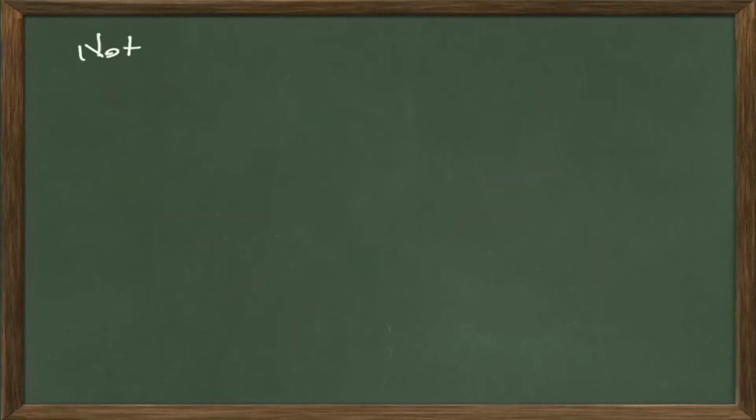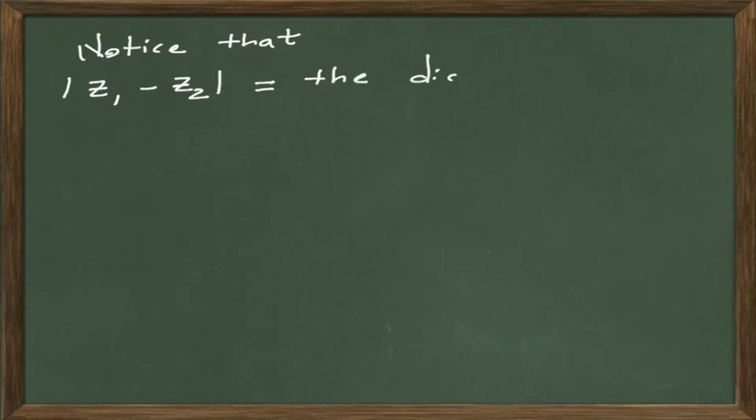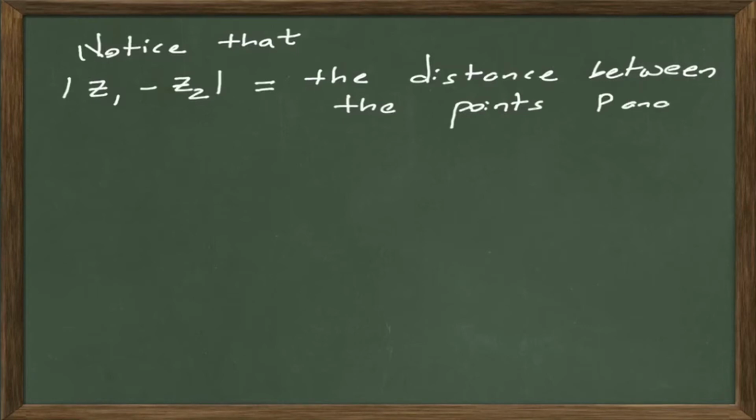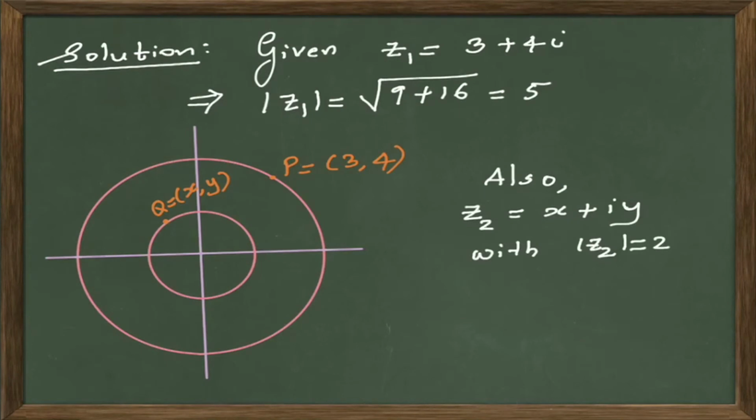Notice that the absolute value of the complex number Z1 minus Z2 is nothing but the distance between the points P and Q, where P is the point corresponding to Z1 and Q is the point corresponding to Z2.